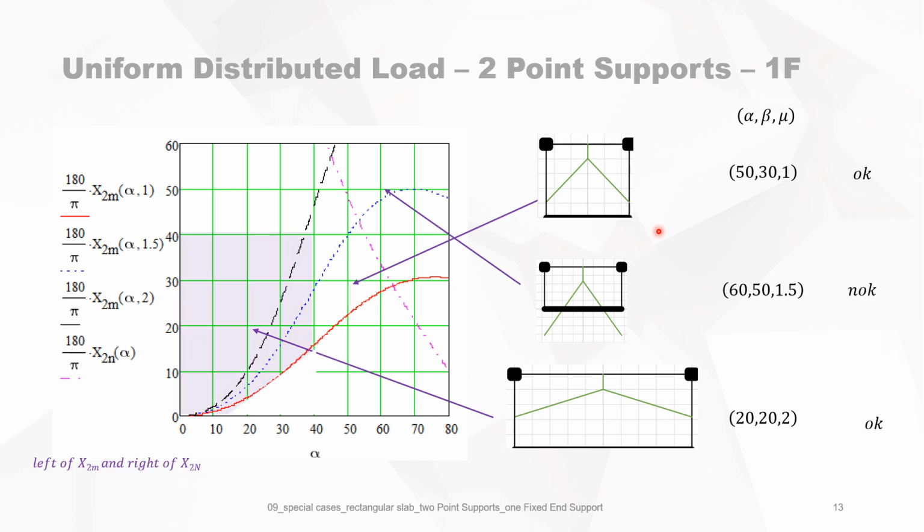So to make it easy, we will work in this area. Then we don't have to worry about this A1 positive restriction. We only have to try to stay on the left-hand side of this black curve. Then we are sure we are in a right position.